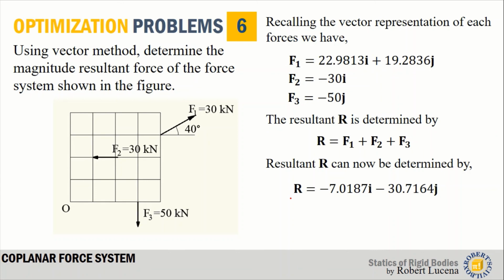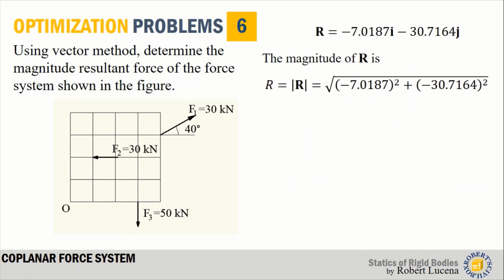We now have the resultant R as the sum of all the vectors F1, F2, and F3. So R now is equal to negative 7.0187i minus 30.7164j. Now, we have only the vector, but we are asked about the magnitude of the resultant.